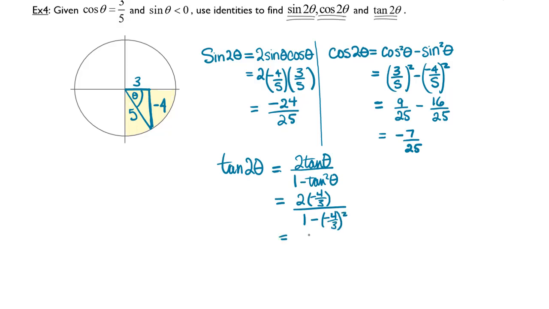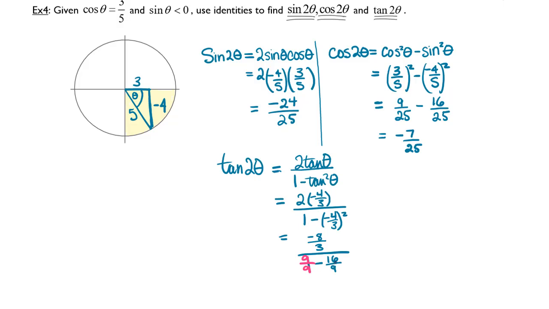And this gives me 2 times negative 4, which is negative 8/3, all divided by 1 minus 16/9. I'm going to change this 1 to a 9 over 9 because I can.